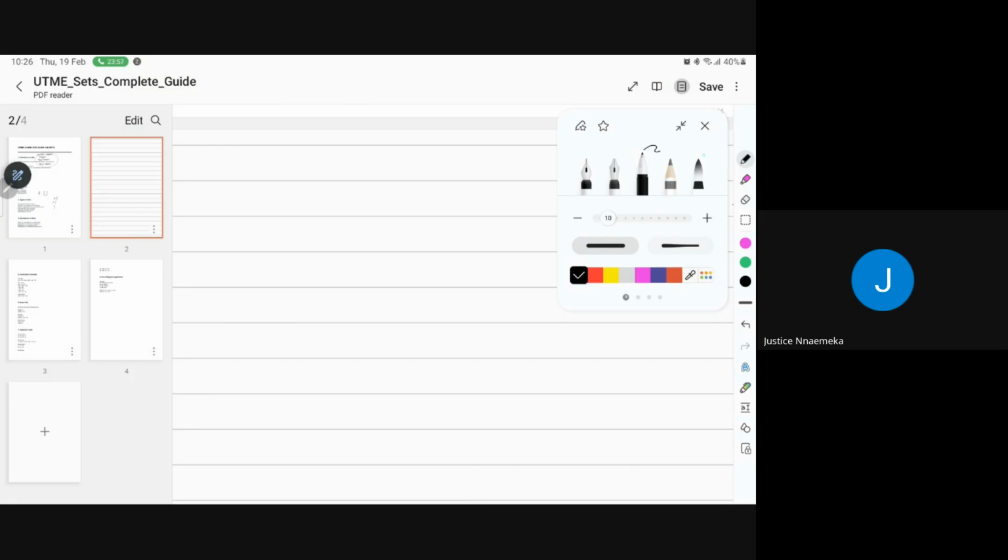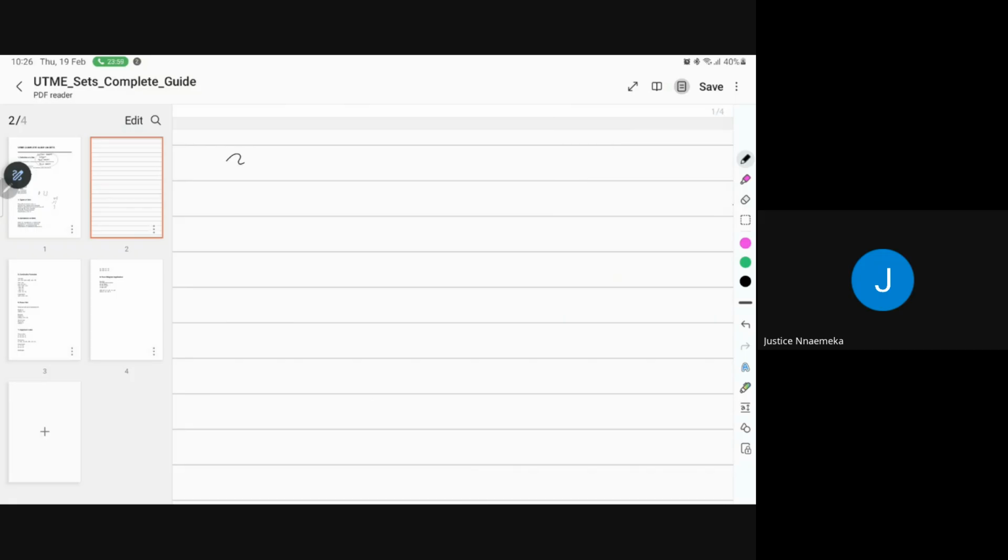Cardinality will just tell us the number of elements a particular set has. So cardinality means you are just counting the number of elements in the set.